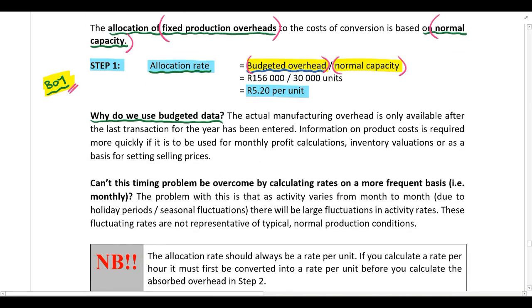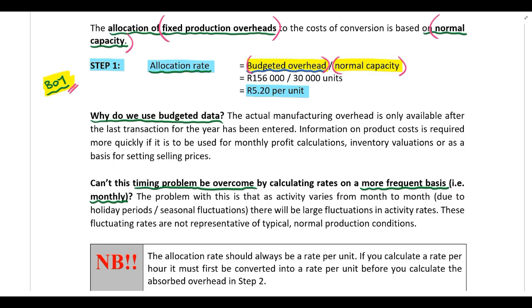Now, can't this timing problem be overcome by calculating your rates on a more frequent basis? In other words, calculating them monthly. So what this question is asking is, why don't we wait until the end of January? At the end of January, we will know what our actual cost is for January, and we can use that to determine our rate for February.